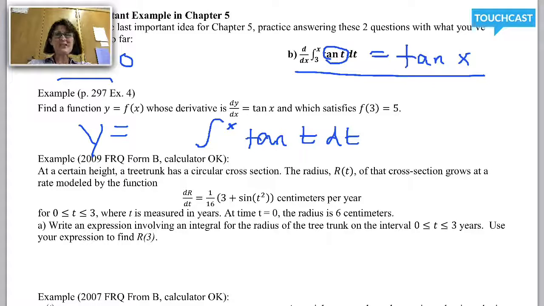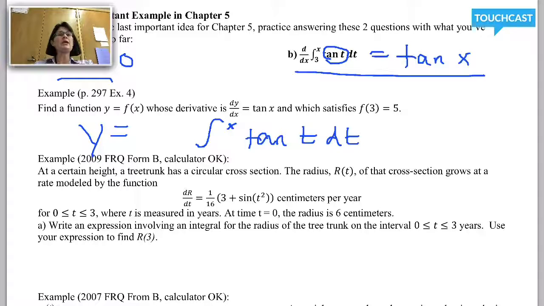So check this out. As long as I make the lower limit a constant, maybe 0, maybe not 0, when I take the derivative with respect to x of this integral, I'm going to get that integral to cancel out with the derivative, and I'm going to have tangent x as my answer.